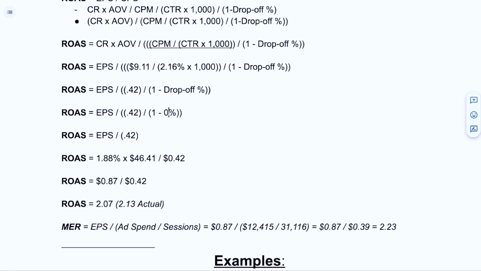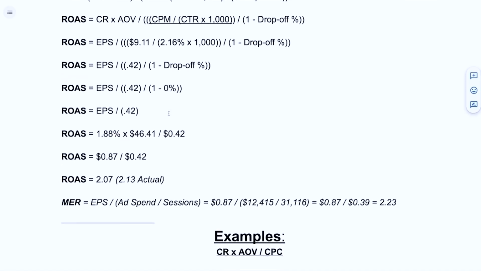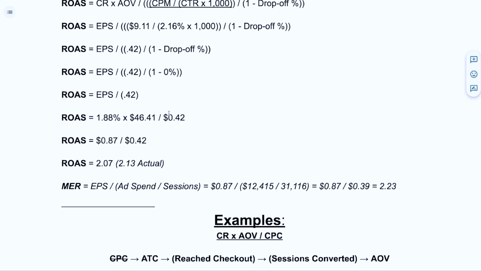That would obviously not be the case, but the way you calculate drop-off percentage roughly is you look at the number of link clicks that you sent from Facebook, then you go into your Shopify analytics and look at the number of sessions that you had from Facebook. There's a report there to see how many came from Facebook versus otherwise, and that's how you calculate the drop-off percentage.